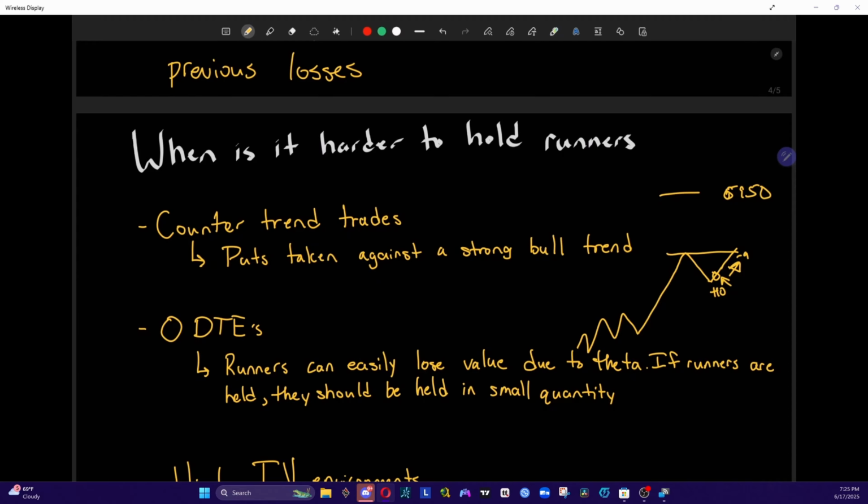But the reason why it's also very profitable to hold runners on zero DTEs, if you're in the right trend, emphasis on that, is because the gamma exposure is very high. And there's so much to this, and we're going to talk about this in one live session. But there's a thing called intrinsic value, and I'm going to keep it completely simple.